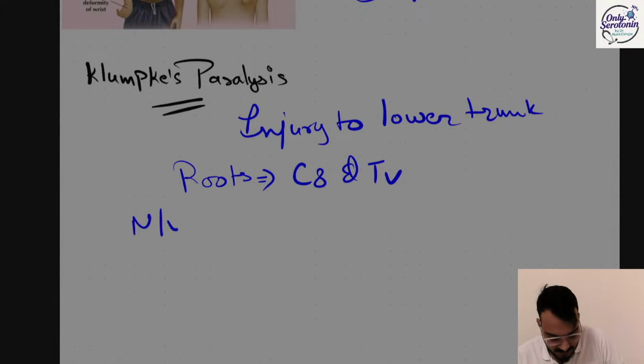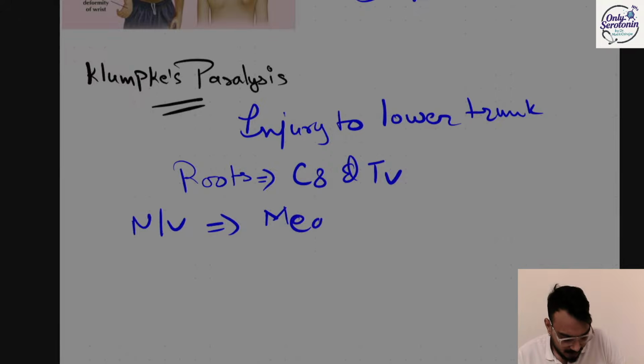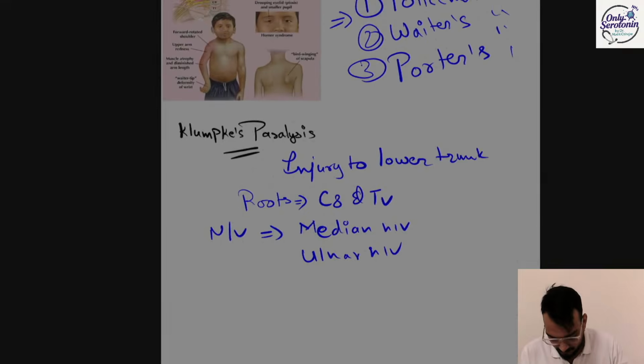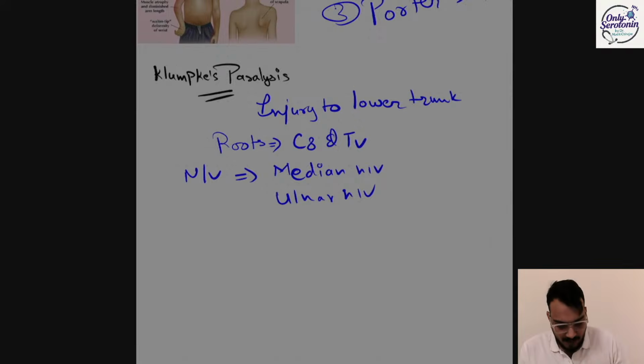What are the nerves which are going to get affected? The nerves are the median nerve and ulnar nerve. These are the things which are going to get affected in Klumpke's paralysis. Done.